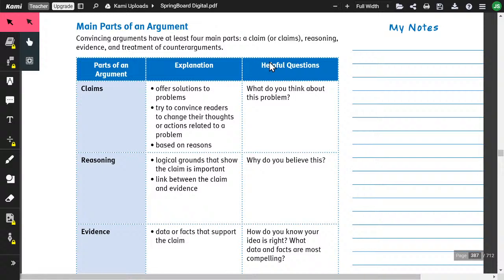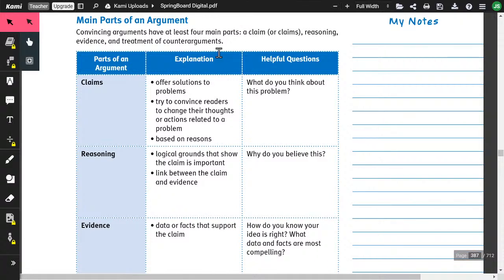So convincing arguments have at least 4 main parts: a claim, reasoning, evidence, and then how they deal with the counter arguments. In order to strengthen your position, you have to address the fact that there's going to be a different position, another position. If you fail to address that, it actually weakens your argument because people think, well, his argument can't stand up to what other people are trying to say. He doesn't even talk about it.